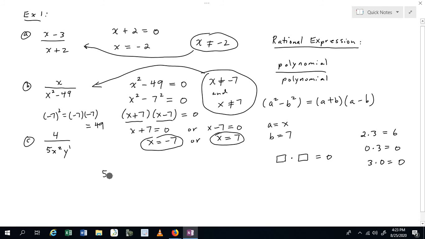So again, we're going to do the same thing. We're going to find out when the denominator is equal to 0. So we just set this equal to 0, and then we're going to solve for x and y. Now you can divide both sides by 5, and that'll cancel this 5 out. And then on this side, 0 divided by 5 is just 0.